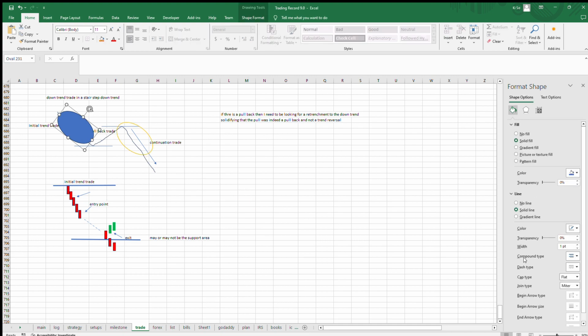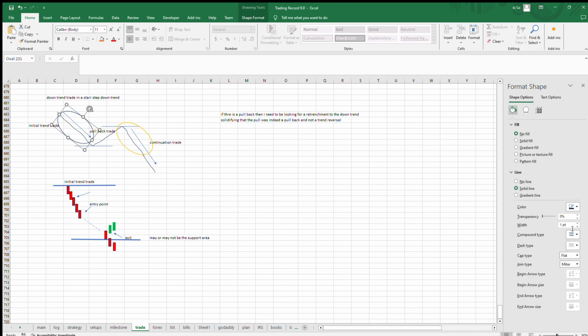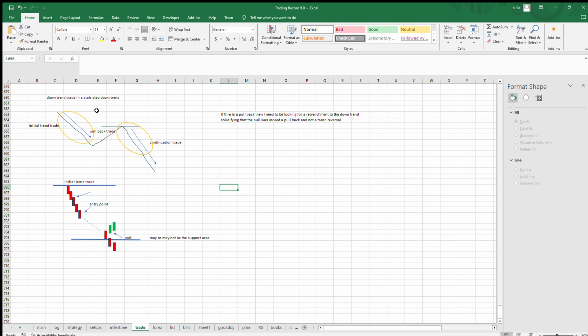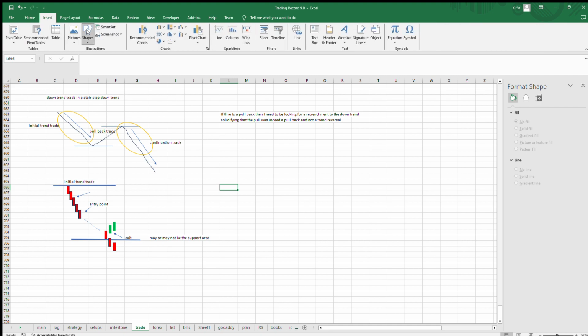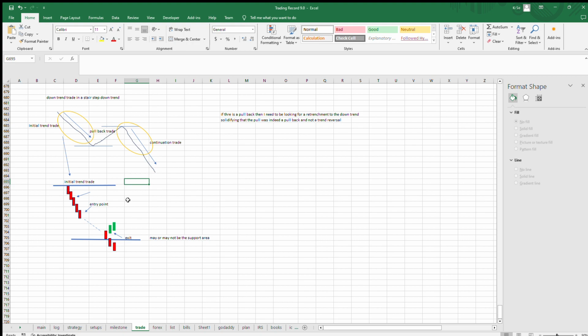Okay, so this will be the first type of trade. If I were to draw an arrow from there to here, it would be this right there, okay?